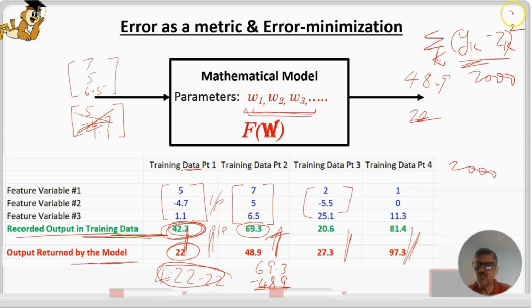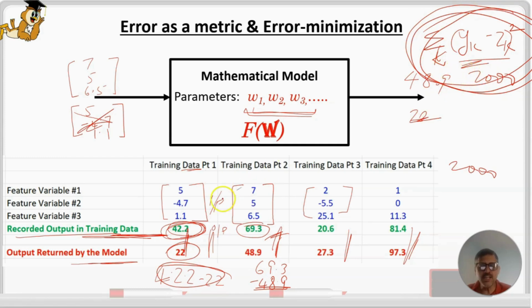This is what is known as mean square error. You add up the differences between the recorded output in the training data and the output returned by your model for every point in the training data. You add it up, you divide it by the size of the training data, right? And you of course take the squares to make sure that all the errors are positive and they add up.